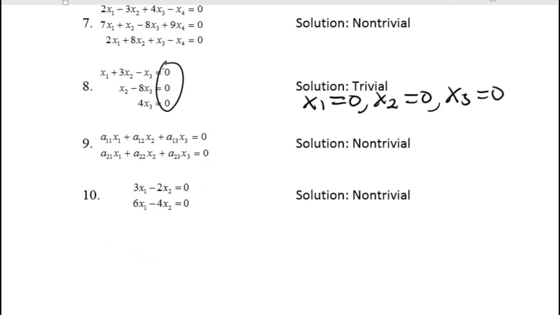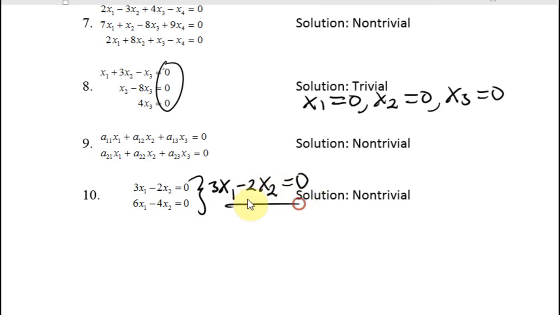Number 9, you have 3 unknowns and 2 equations, and so there you have the non-trivial solution. Number 10, you may say, no, I have 2 equations and 2 unknowns, but if you look closely, equation 1 is a multiple of equation 2, right? They differ by a factor of 2. So really you're only talking about just one equation: 3x sub 1 minus 2x sub 2 equals 0.